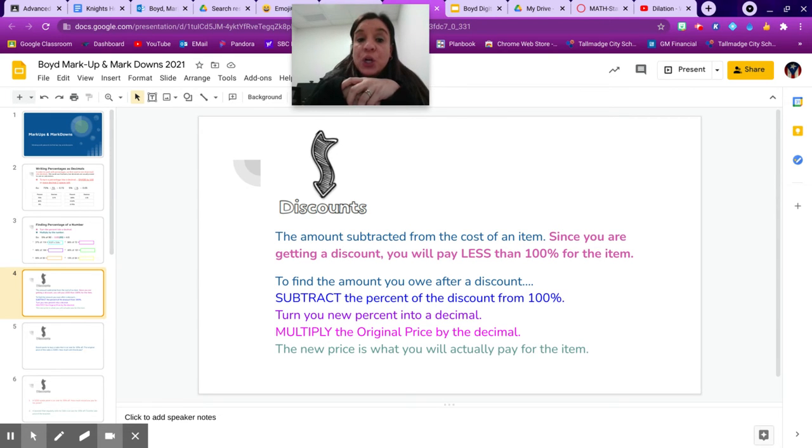Then you're going to turn that new percent into a decimal, just like we did on slides 2 and 3. And then you're going to multiply the original price by your decimal. Your answer is going to be the new price. And remember, because it's a discount, your answer should be less than the amount you started with.